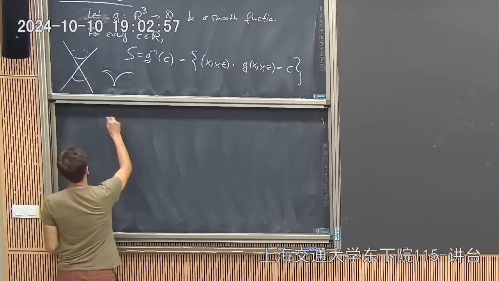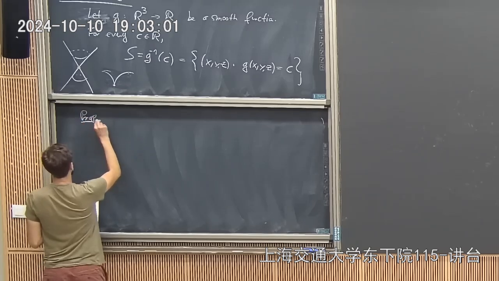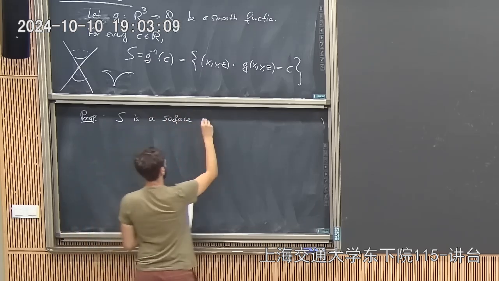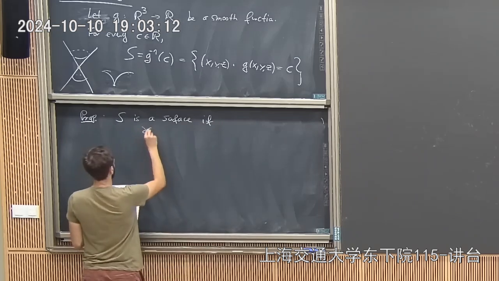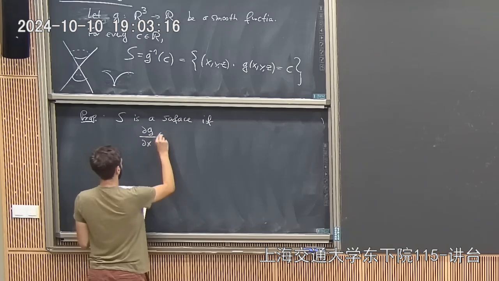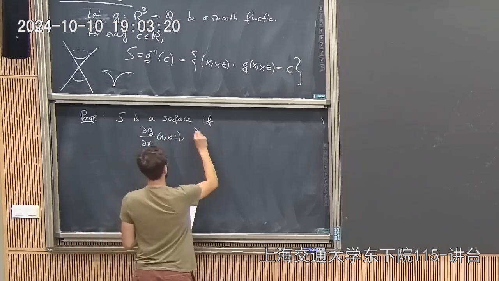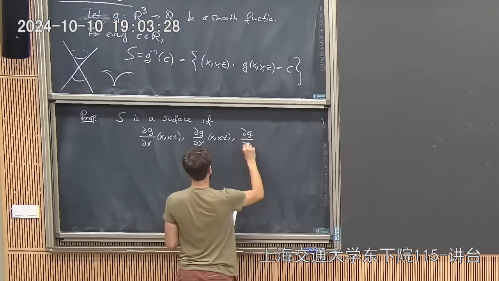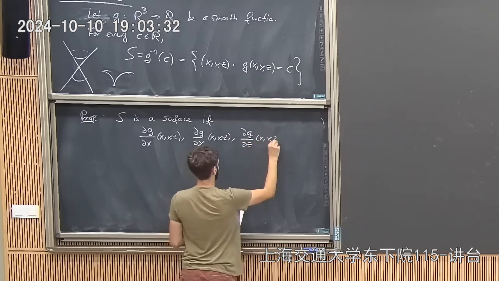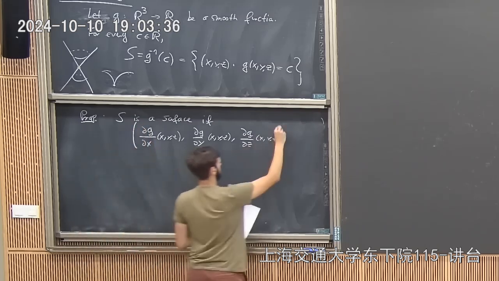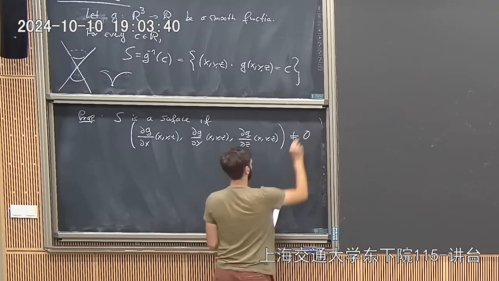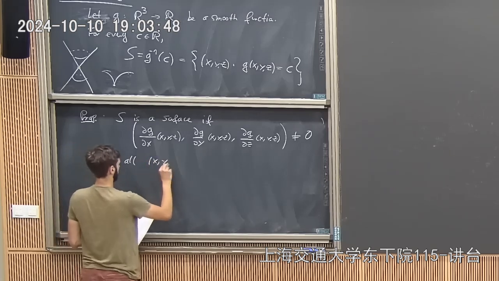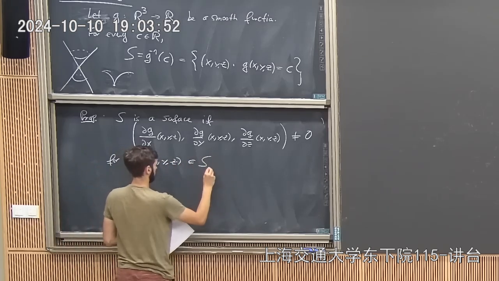for when it is. And that's the following proposition: S is a surface if we take the gradient of g at some point, and this gradient is never zero for all points which are on the surface.